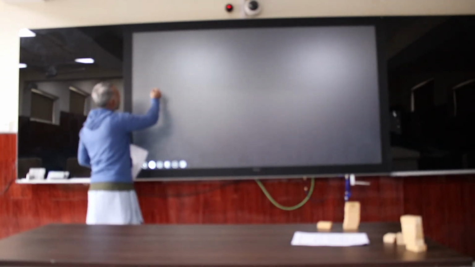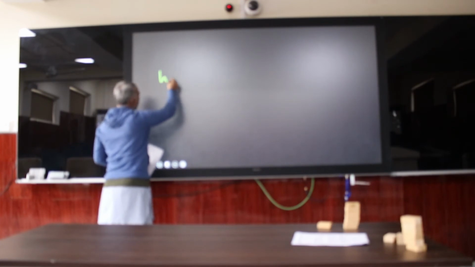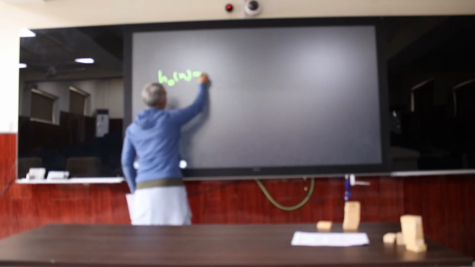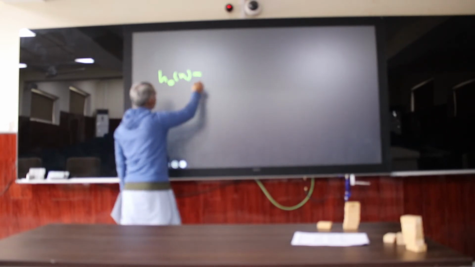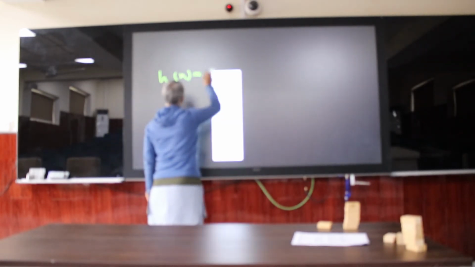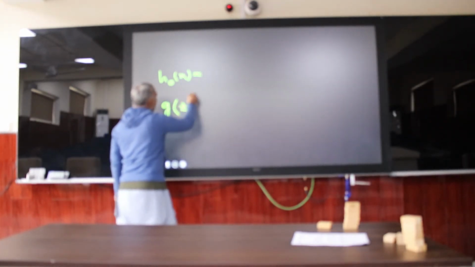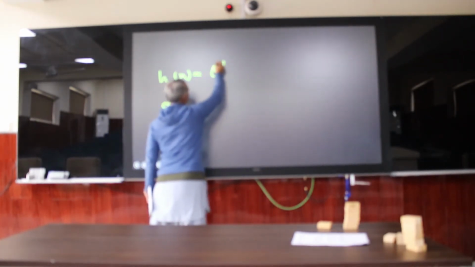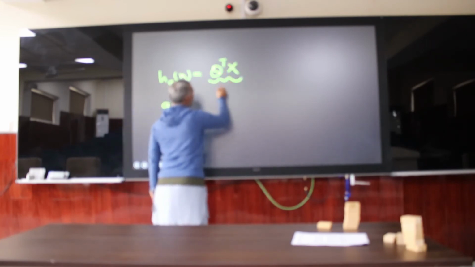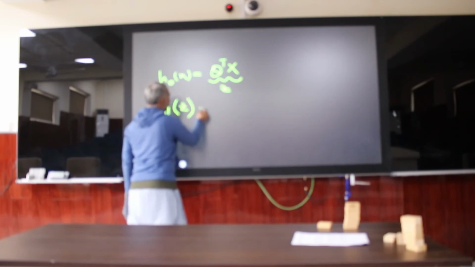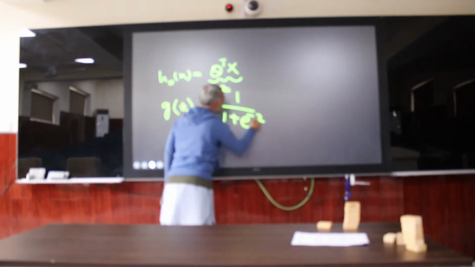Your sigmoid function, g of z, is equivalent to 1 over 1 plus e to the minus z.